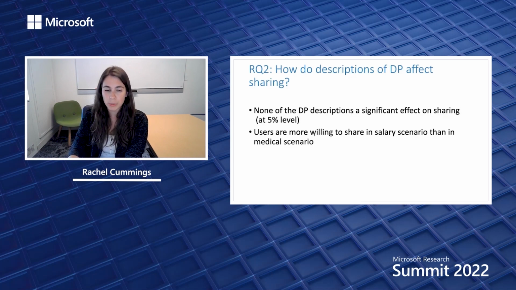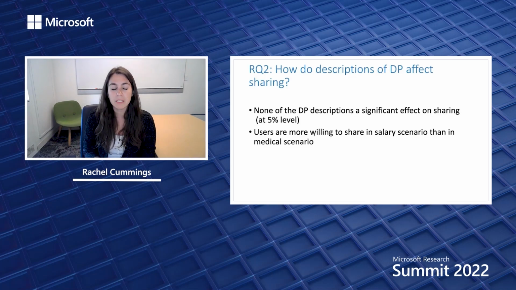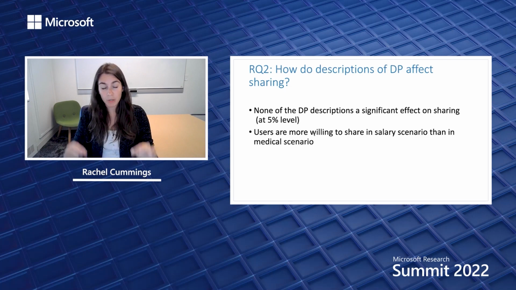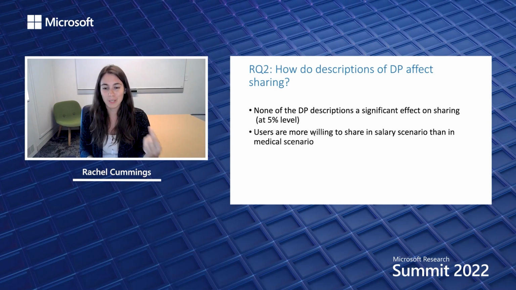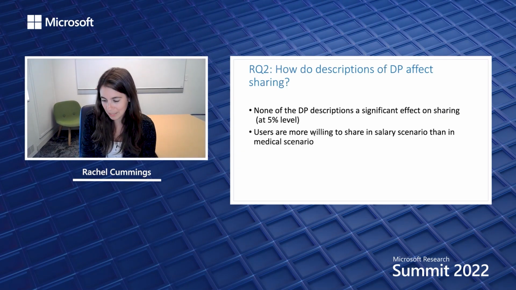We did see that users are more likely to share salary data as opposed to their healthcare data, and this intuitively makes sense. But this is also a sanity check that in fact they do care about sharing, they just don't care as a result of our privacy descriptions. And so this also tells us more work is going to be needed here.